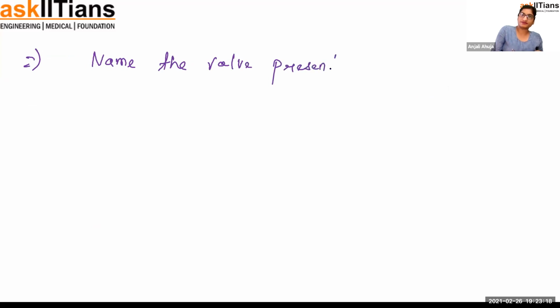Now I have added a blank slide because I thought I would be putting certain questions. Suppose a question comes, name the valves present in the heart. What will be the answer? Yeah, pulmonary valve, aortic valve, bicuspid valve, tricuspid valve. Very good.